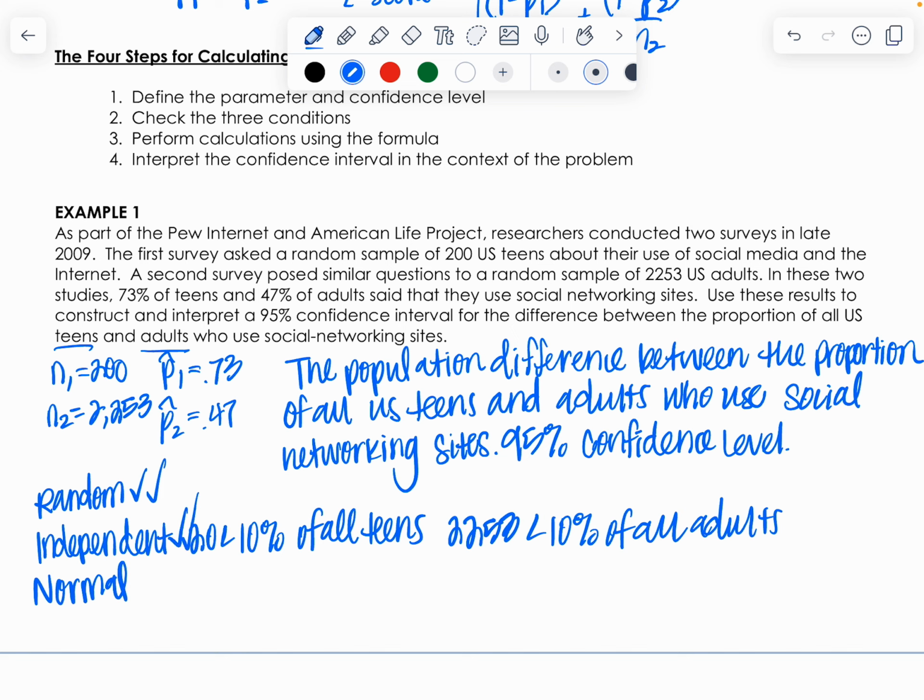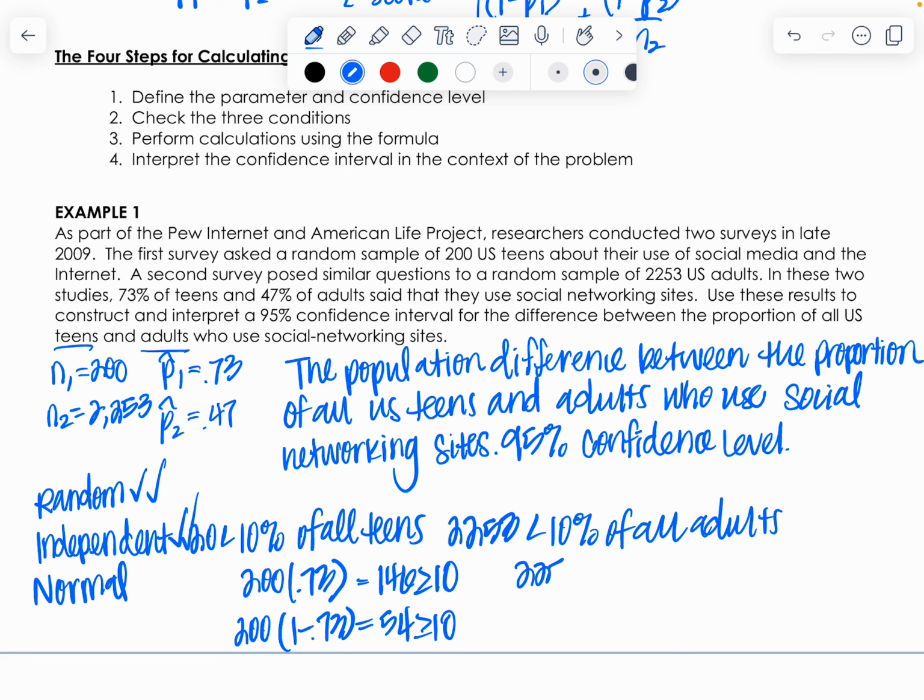So normal, we have to do n1 times p1 and n1 times 1 minus p1. Okay, so we get 146, which is greater than or equal to 10. And this would be 54, which is also greater than or equal to 10. Now, absolutely, the adult sample is large enough, but let's just show evidence.